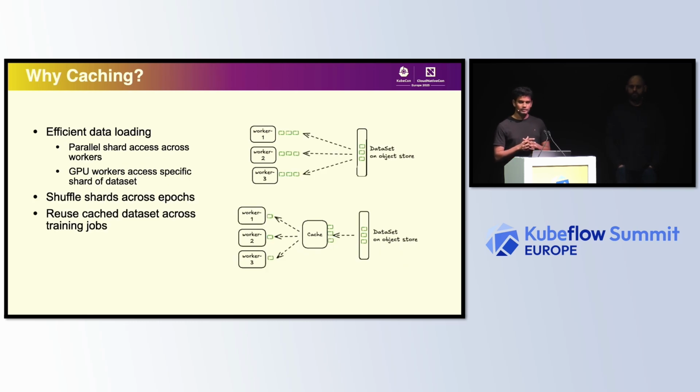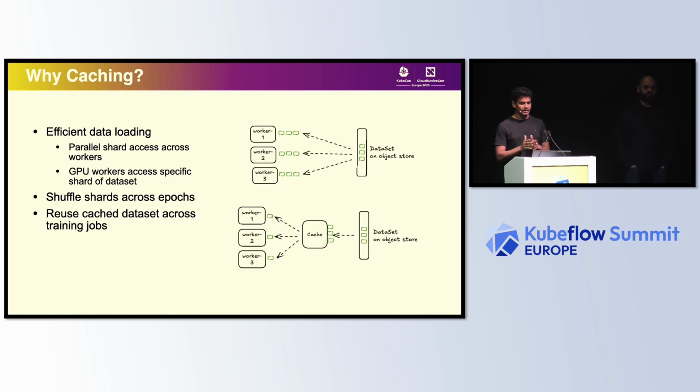Also, with distributed caching, data can be partitioned and stored across multiple nodes, and this enables parallel access to these shards from multiple workers, improving latency and throughput. And by loading or streaming only a portion of the dataset into memory, each worker requires less memory, reducing the overall memory footprint.